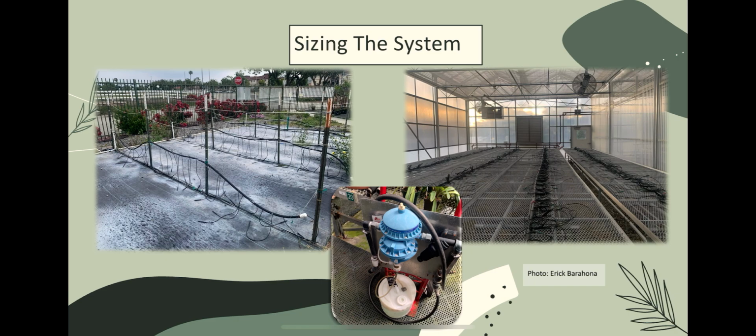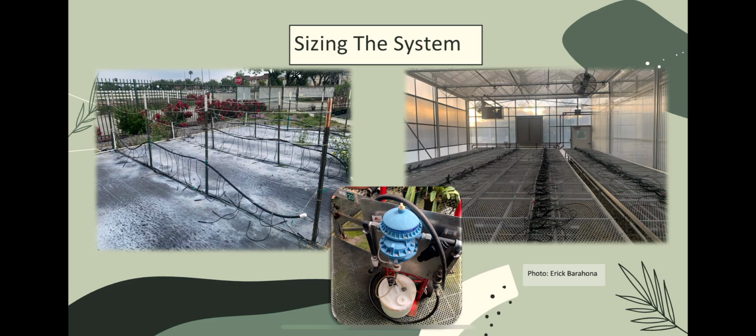Sizing the system. Here we have two images of two different nurseries. On the left you have Cal Poly and the farm store. This was taken after they had cleared out their nectarines and peaches, but as you can see there's a PVC piping that connects to the main line, and it feeds to the spaghetti tubes and down to the emitters.